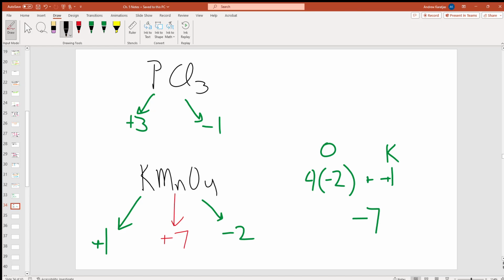We'll do one more example. How about sulfuric acid? So hydrogen, recall, is +1 unless it's with a group 1 or 2 metal. We don't have any metals here, so each of these hydrogens is +1. Oxygen, we've said, is generally -2.